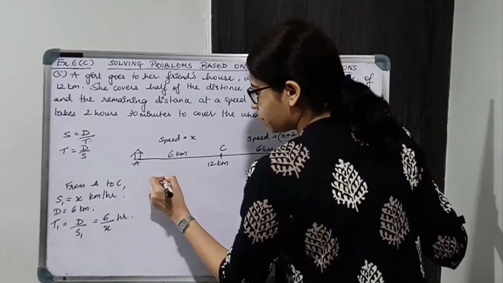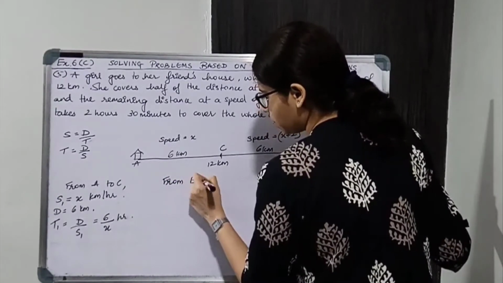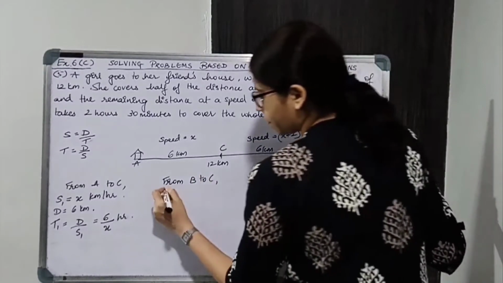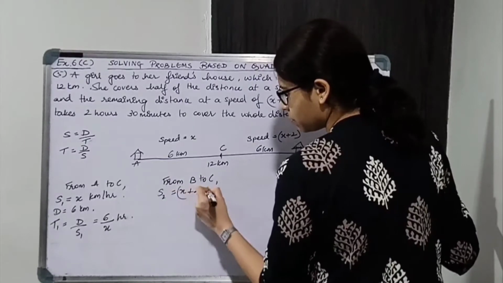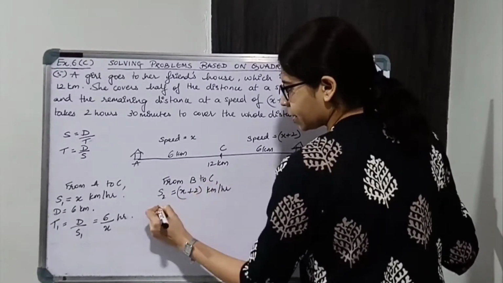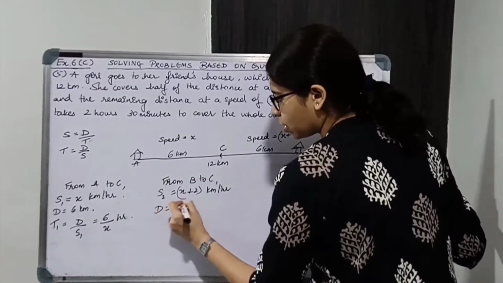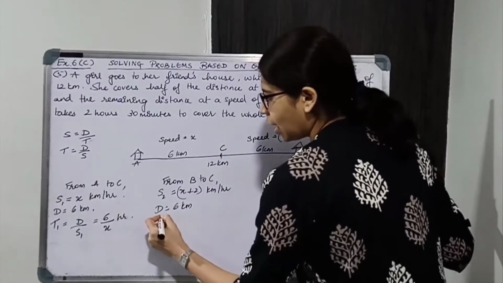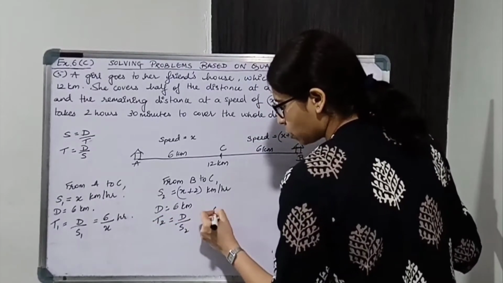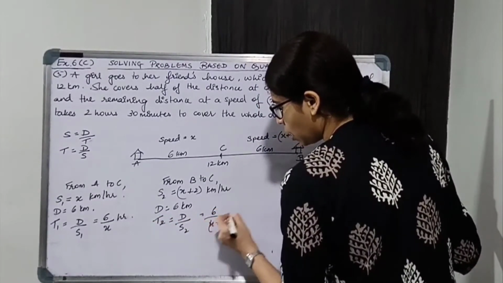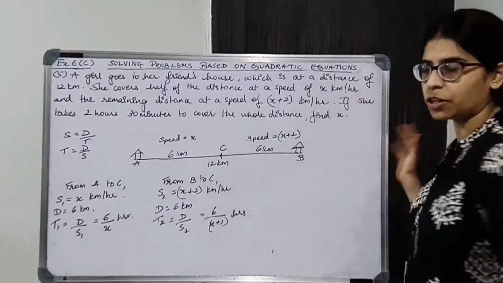Over here, from C to B, speed is x plus 2 km/h. Distance is again same, C to B. Half distance जो बचा है. Okay. And time will be distance upon speed. So that is 6 upon x plus 2 hours. ठीक है. Hours or hour, whatever.